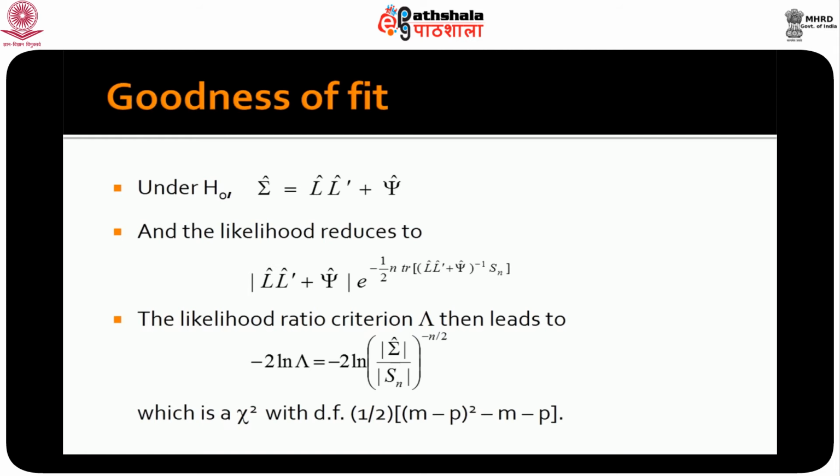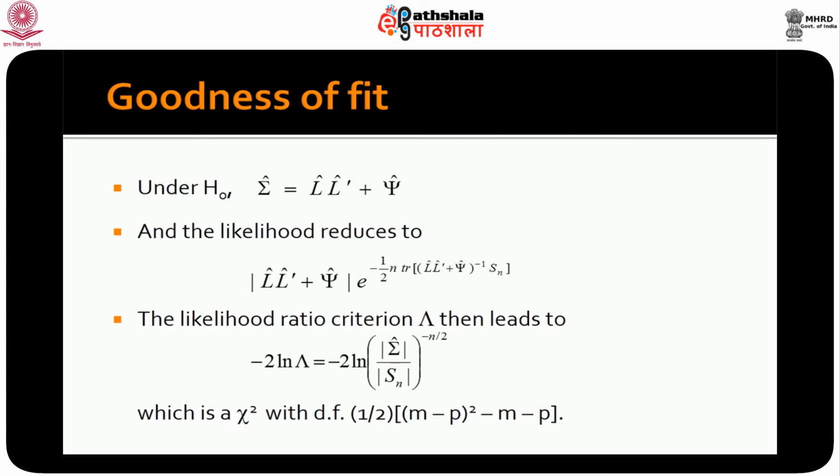We find that minus twice log of the maximum likelihood under H naught by the maximum likelihood gives us minus 2 log of the determinant of sigma hat by the determinant of Sn to the power of minus n by 2.